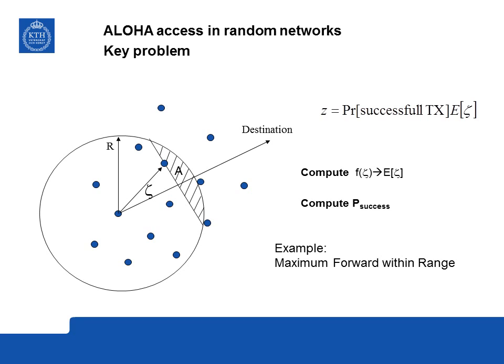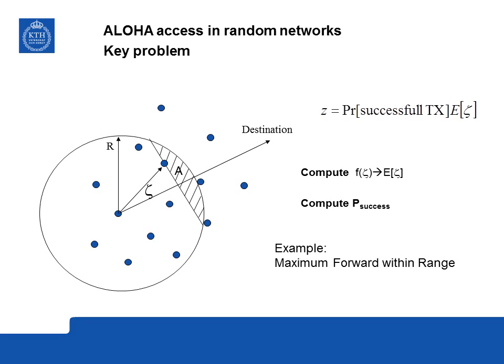Otherwise, the node that we selected would not have been the maximum forward within range. So using this area and using the Poisson probability, we can compute the density function and the expectation of zeta.